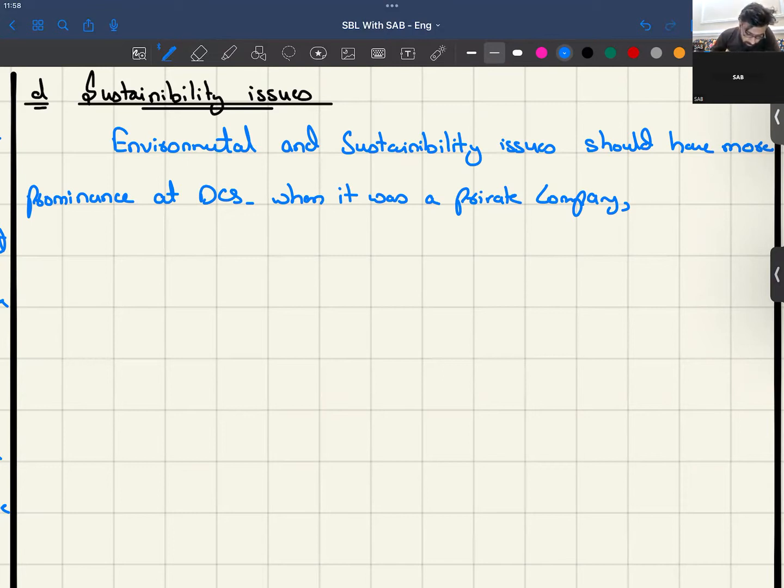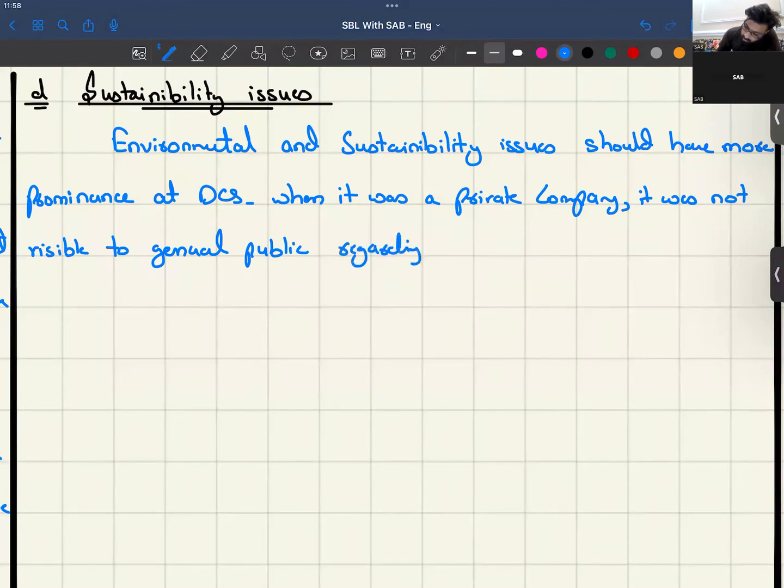So when it was a private company, it was not visible to the general public regarding its environmental policies. So it was not that much visible. Why? Because it was not listed, right?